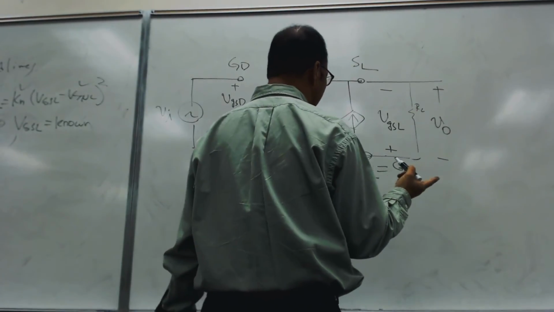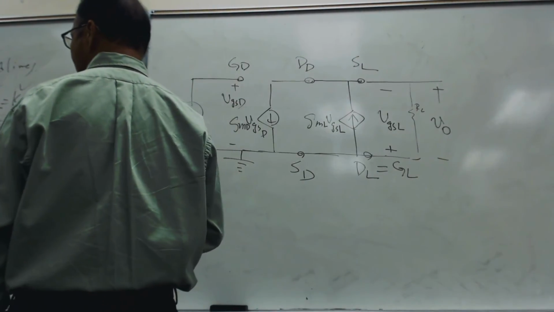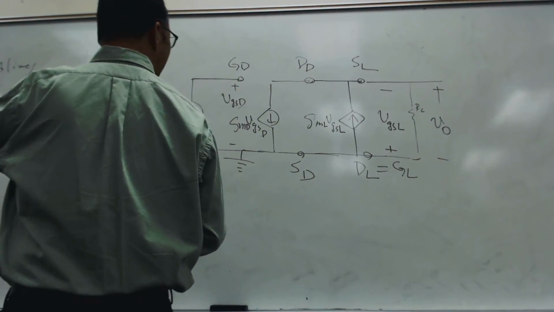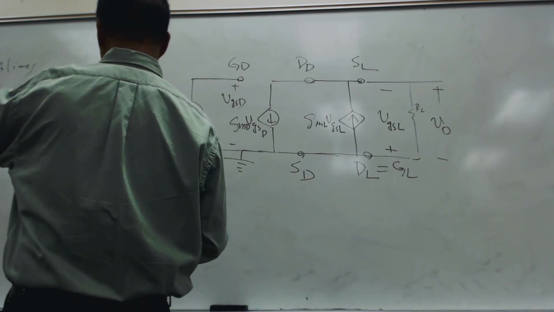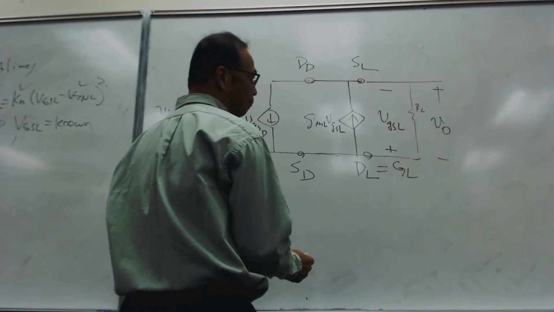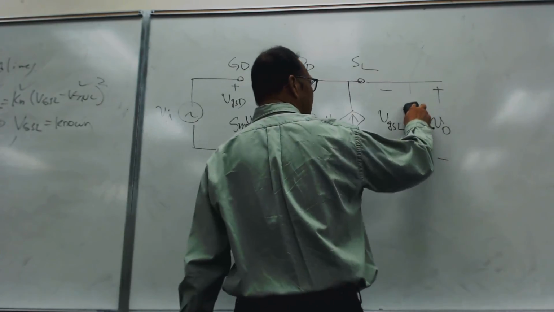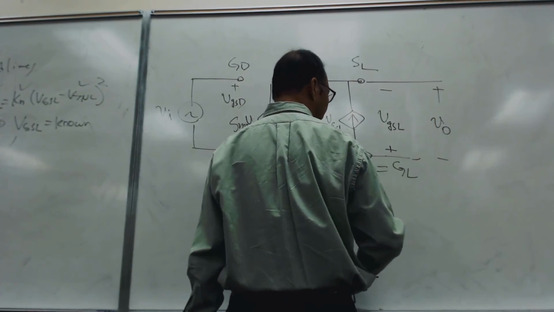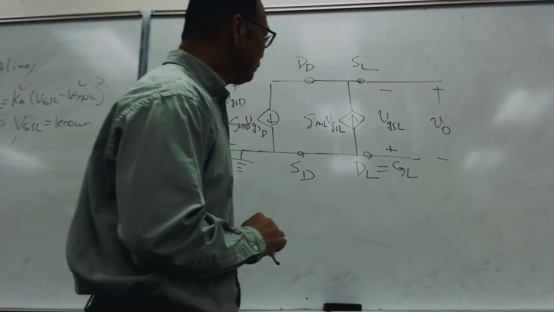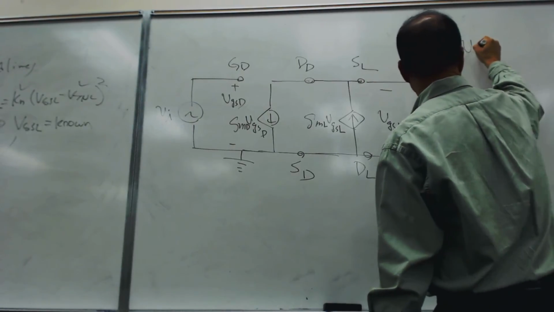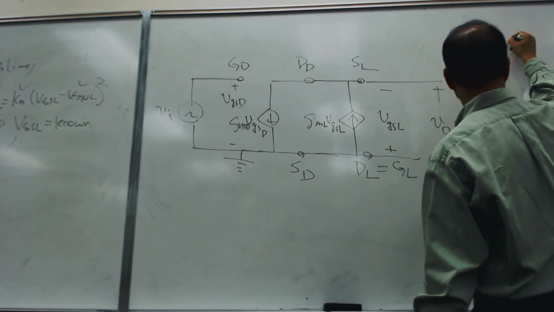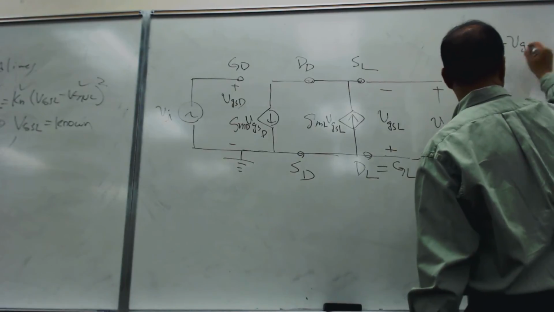Correct? Because you go from the source to the ground. Yeah? Okay. So that's what it is. All right. First of all, you know VO is equal to minus VGSL. Yes?